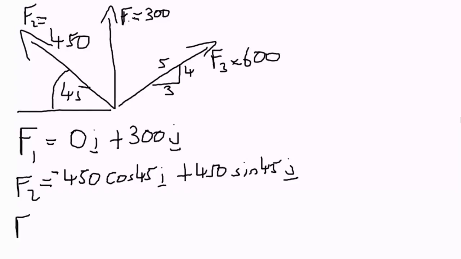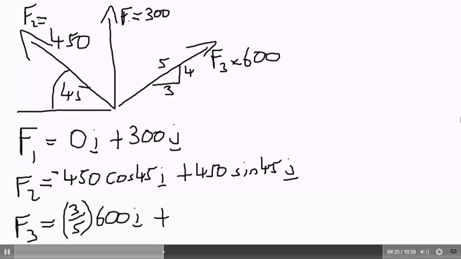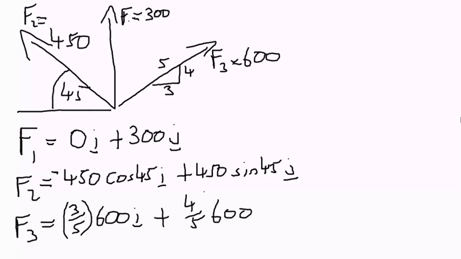And force 3, using the small triangle that denotes the ratio of how much it goes up in the x and the y, it's moving 3/5 of 600 in the I, and 4/5 of 600 in the J.